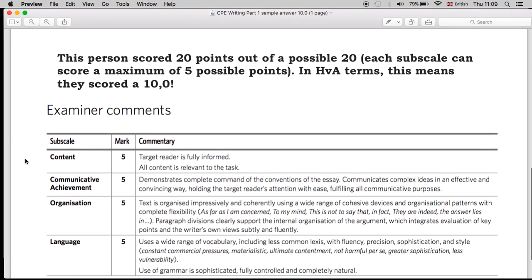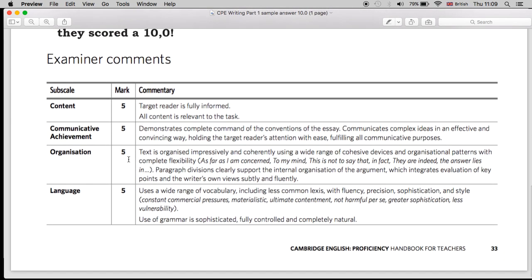Okay, let's take a look at the organization. The text is organized impressively and coherently, using a wide range of cohesive devices and organizational patterns with complete flexibility. So, as far as I'm concerned, to my mind, this is not to say that. In fact, they are indeed. The answer lies in, these are all high-level linking devices.